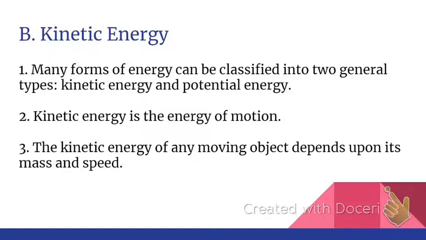So if you're out walking, running, if you kick a ball, the ball has kinetic energy. If you see a bird flying by, and again, anything that's in motion or has movement is experiencing kinetic energy. There are 2 variables that decide how much kinetic energy an object possesses, and that's based upon the mass of the object and its speed.